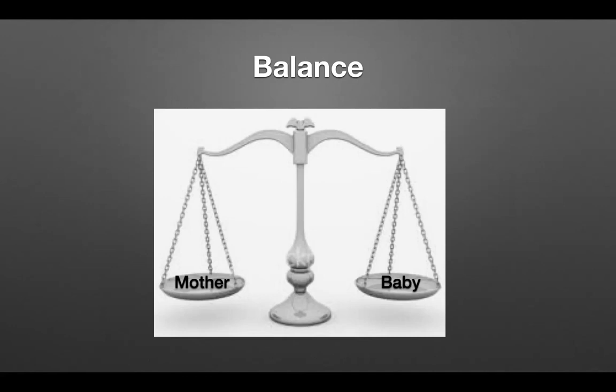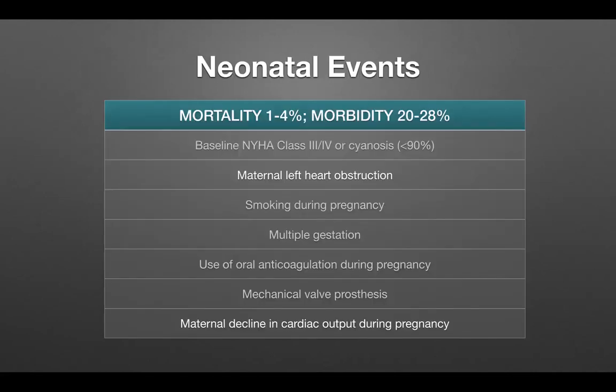We always want to balance the mother and the baby. We want them both to do well during the pregnancy. So how do we look at neonatal events? Neonatal events are predicted by these following factors of maternal characteristics. And what you'll notice is any mother with LV outflow tract obstruction leads to increased events for the neonate.